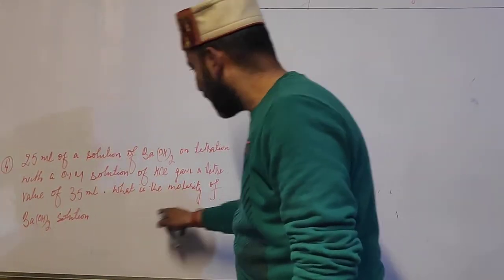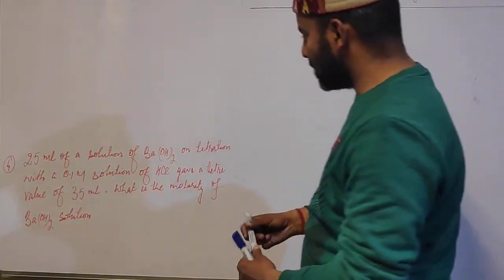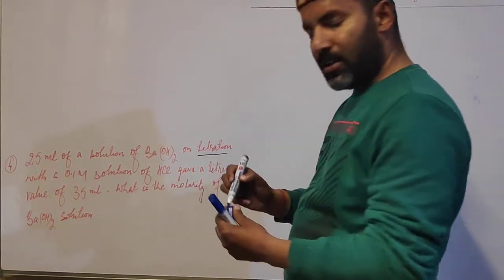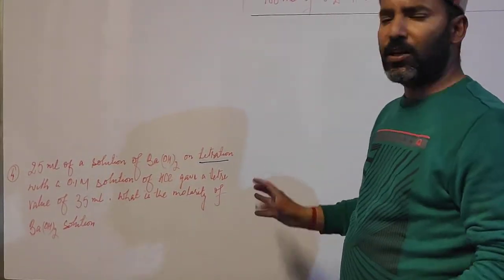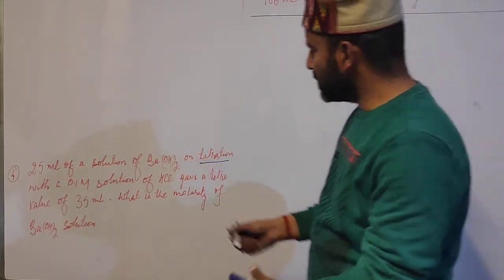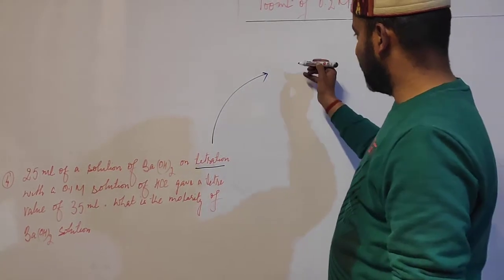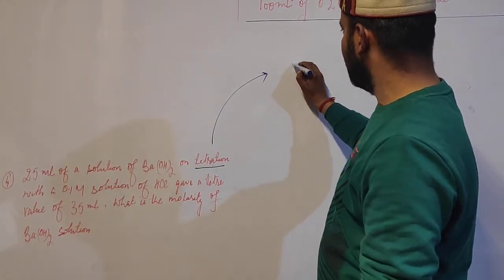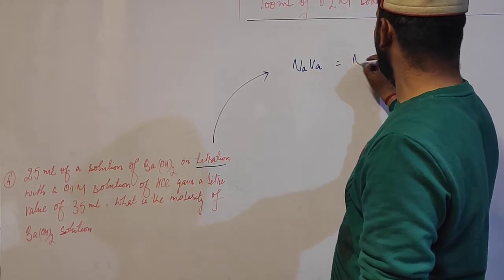What is the molarity of the barium hydroxide solution? Students, this is a case of titration. That means it is a case when an acid neutralizes a base completely or vice versa. Since this is titration, we know that gram equivalents of acid, that is NaVa, must be equal to gram equivalents of base.